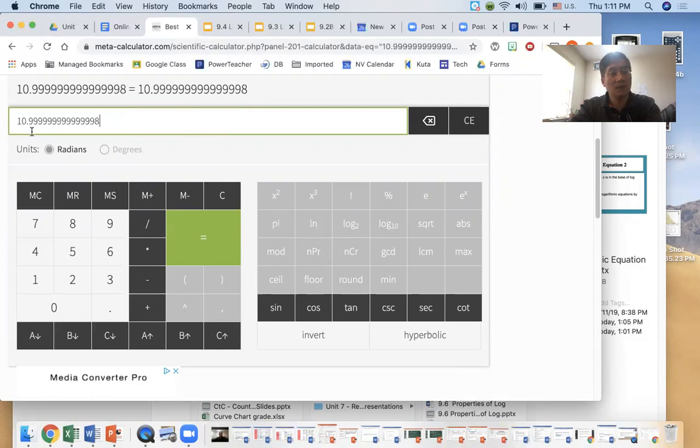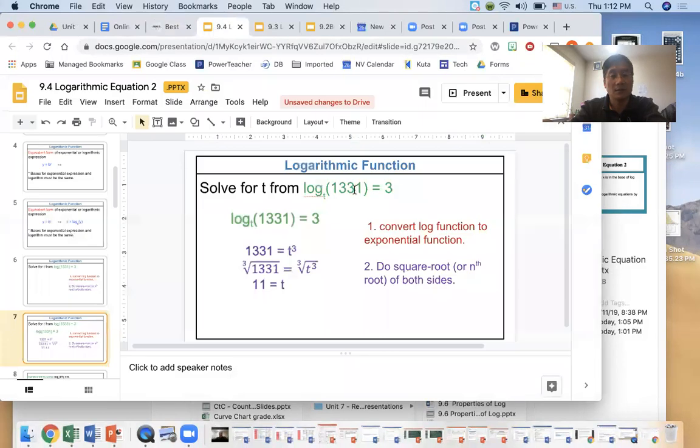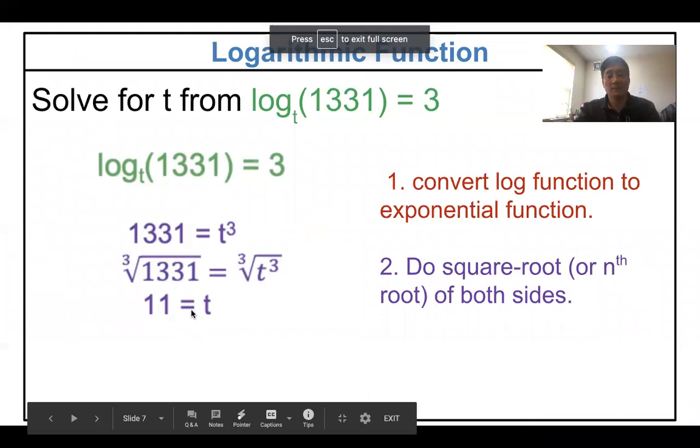This one gave you a decimal, but its actual value is 11. All right, so let's go back to our original. So t is equal to 11.